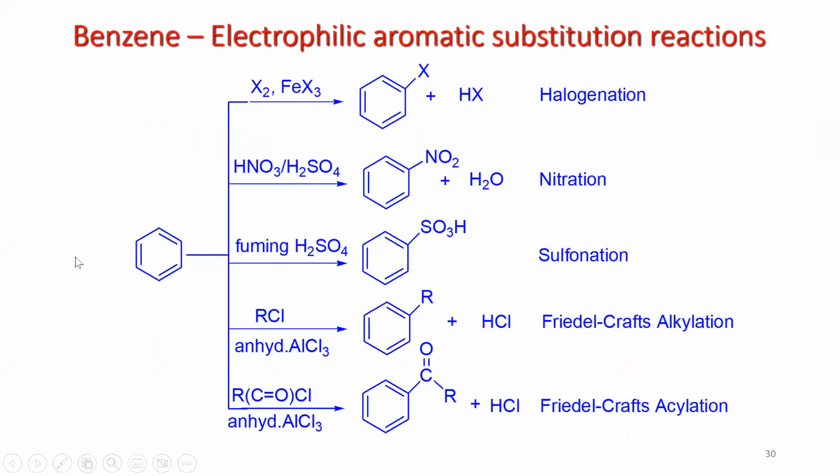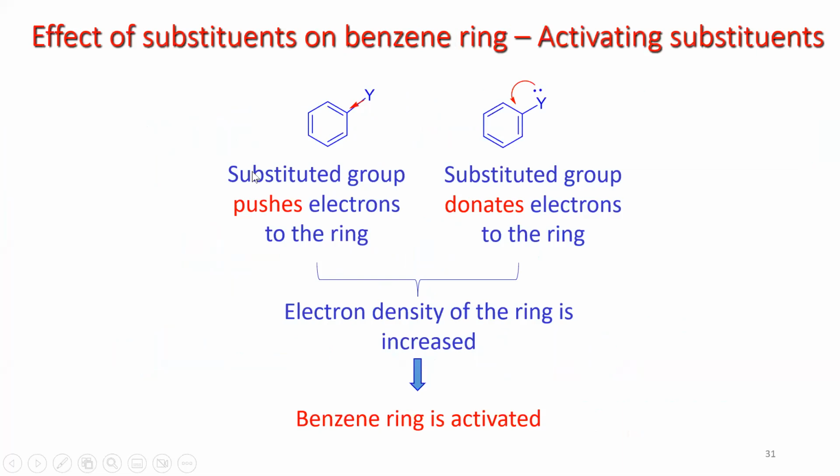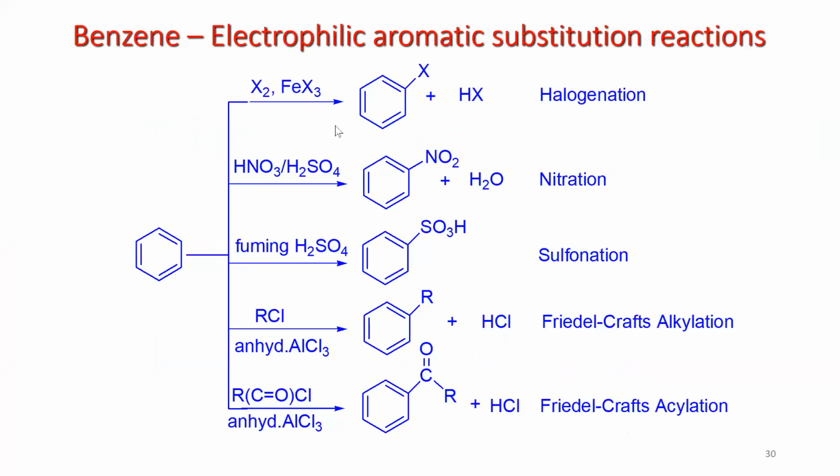And let's see the type of reactions you have to learn. Though all these 1, 2, 3, 4, 5 reactions are very familiar to you. You have either studied them at A levels or the foundation course. What are the reactions? Halogenation, nitration, sulfonation, Friedel-Crafts alkylation, Friedel-Crafts acylation.